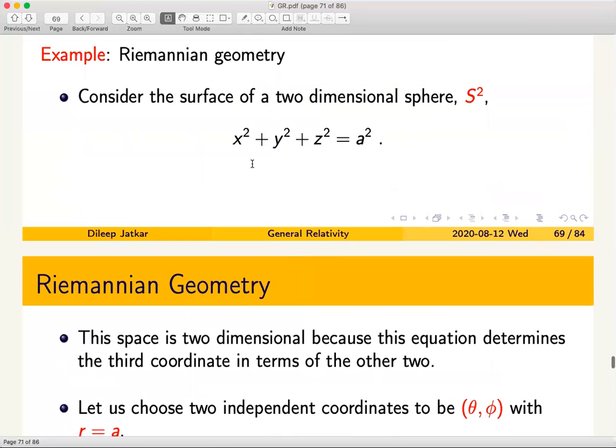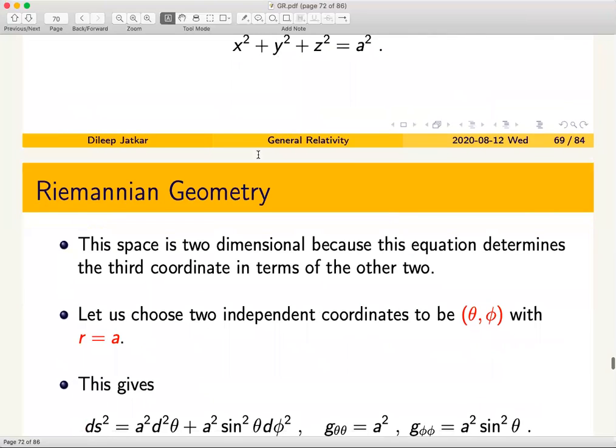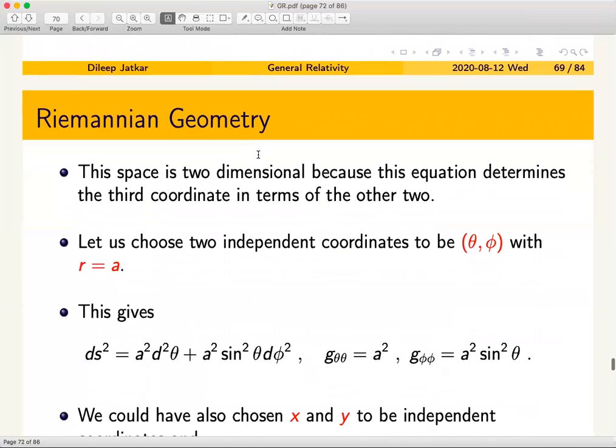Now, we will try to write down the metric using Cartesian coordinates also, but the polar coordinate metric is something we already know. This is something we have used earlier in quantum mechanics, and probably even in special relativity. The line element on the sphere is written as a squared times d theta squared plus a squared times sin squared theta d phi squared.